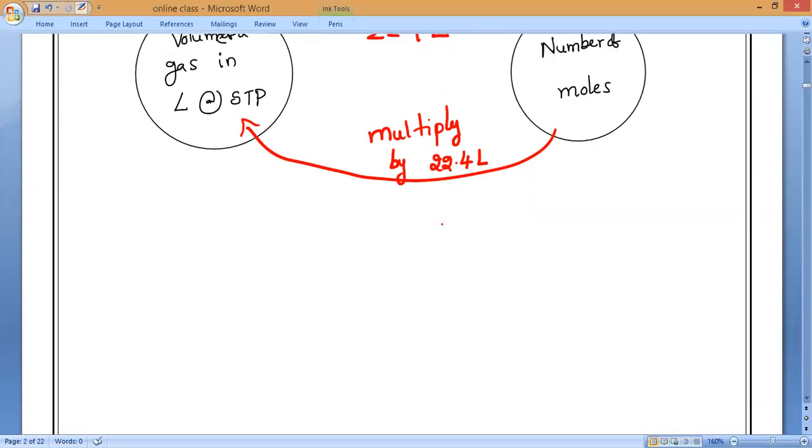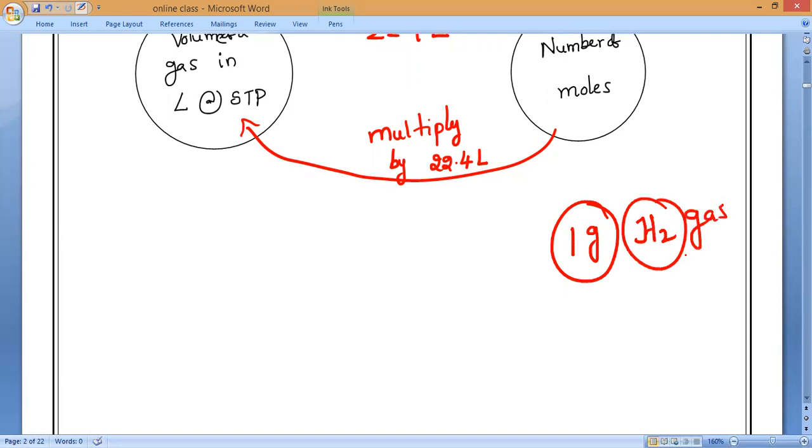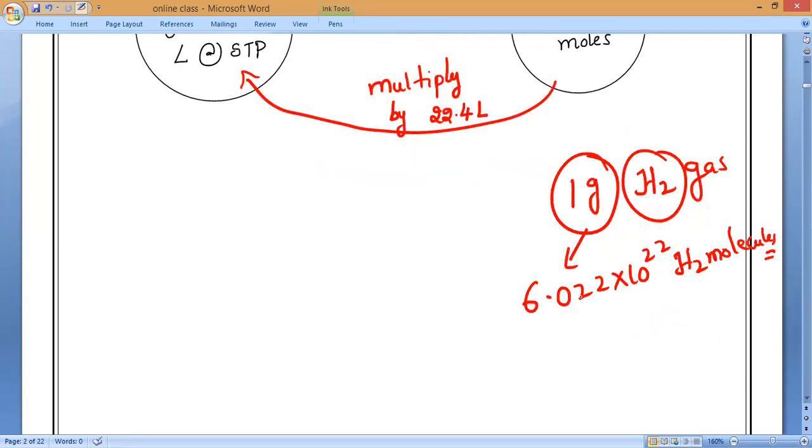Suppose I have given you 1 gram of hydrogen gas, which contains 6.022 into 10 power 22 hydrogen molecules. Do you understand, Harish? So if you take any kind of particles, like atoms inside matter, they are extremely small, which is not possible to count.